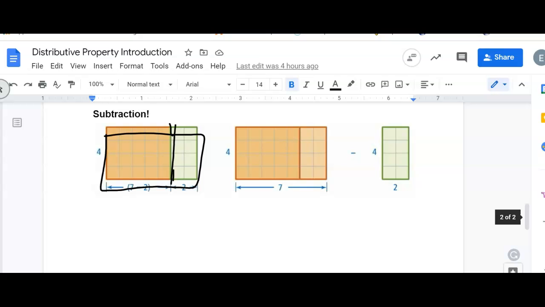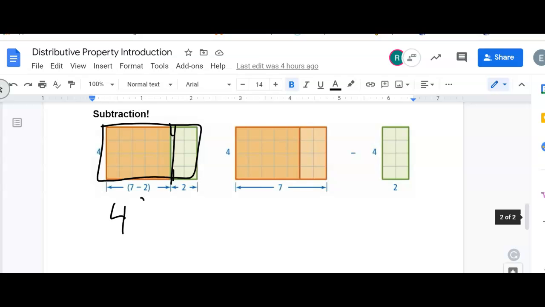Okay, so it's a subtraction problem now. The numerical expression would be 4 parentheses 7 minus 2. Okay, it's length times width. I'm finding the area of this whole thing. But wait, I don't want 2 columns, so now I'm just finding the area of the orange.